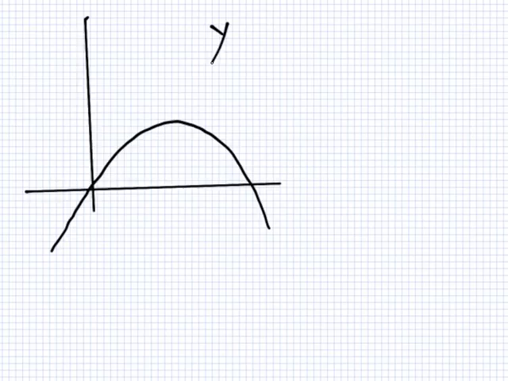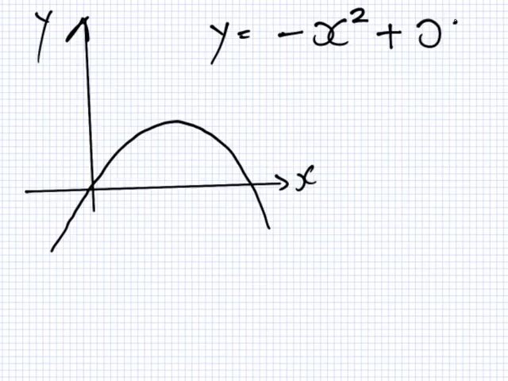We'll say y equals, let's say, minus x squared plus x. Will this look right? 0 will be 1 and 1. Okay, so we'll have this one here.